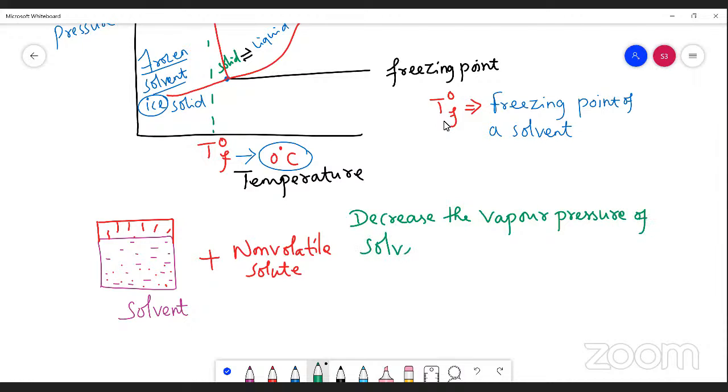Whenever the solute particles are added, it tries to decrease the vapor pressure of a pure solvent. So this is the concept.